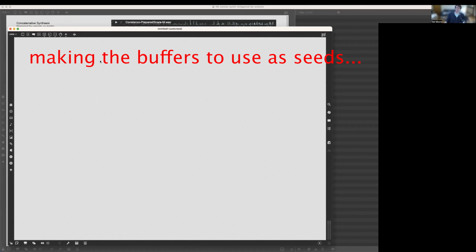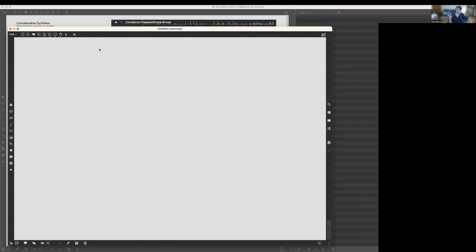The best way to do it, and the most common way of doing it, is using a buffer that you receive from buff NMF as your bases buffer, or your activations buffer.